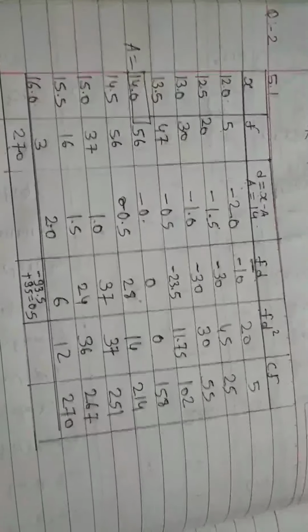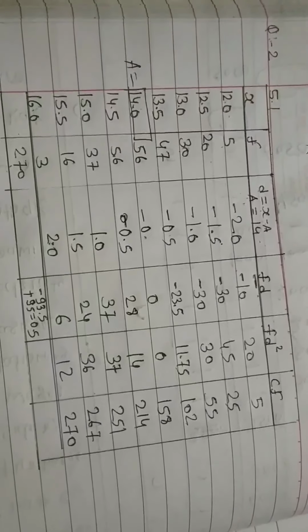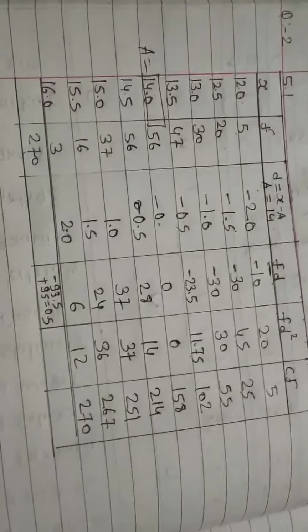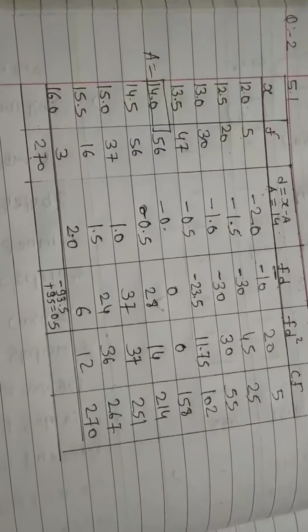Now fd square: 20, 45, 30, 11.75, 11.75, 14, 37, 36 and 12.